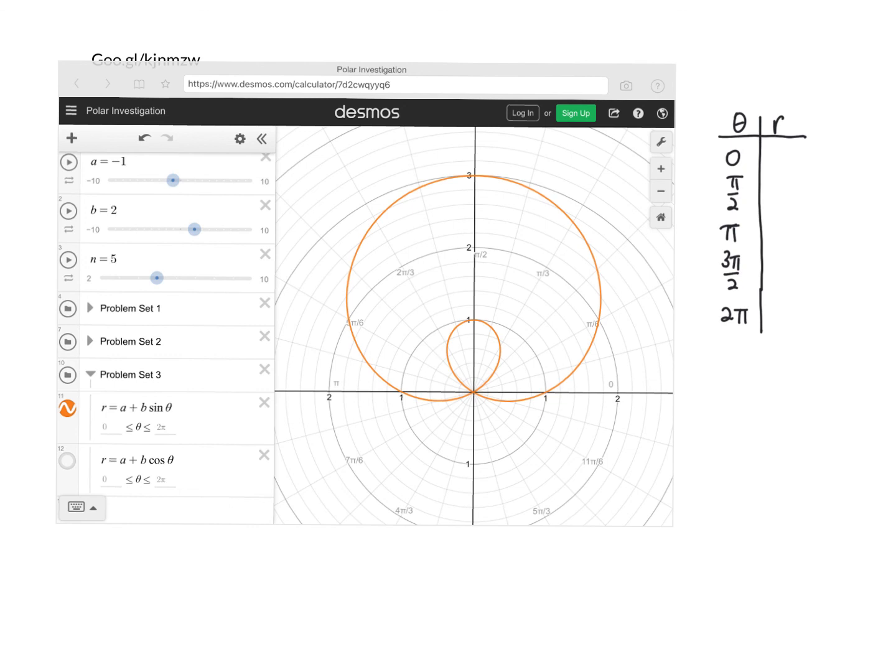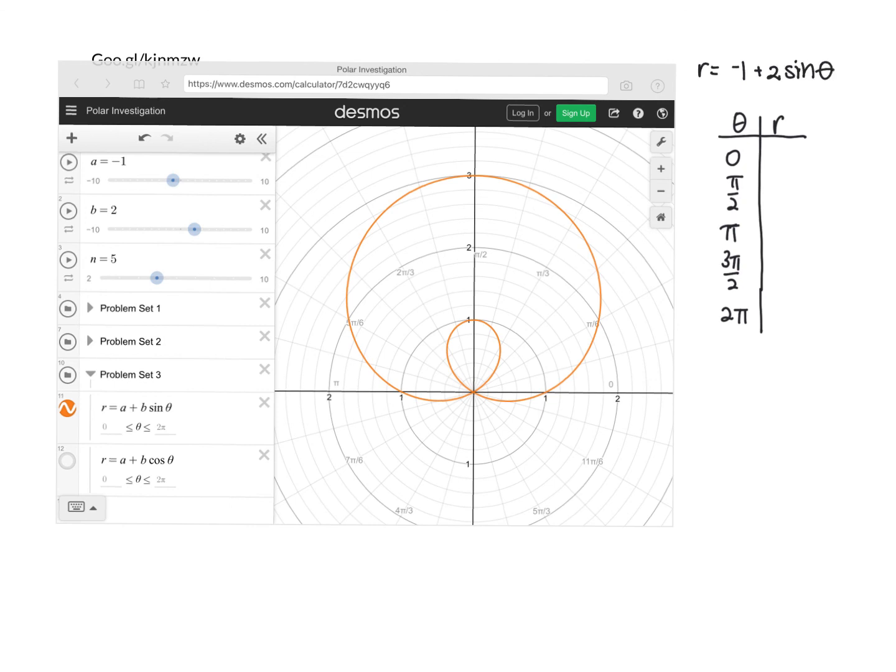So the equation that we have right now is R equals A, we chose -1, plus B, we chose 2, sine theta, and that's the equation.